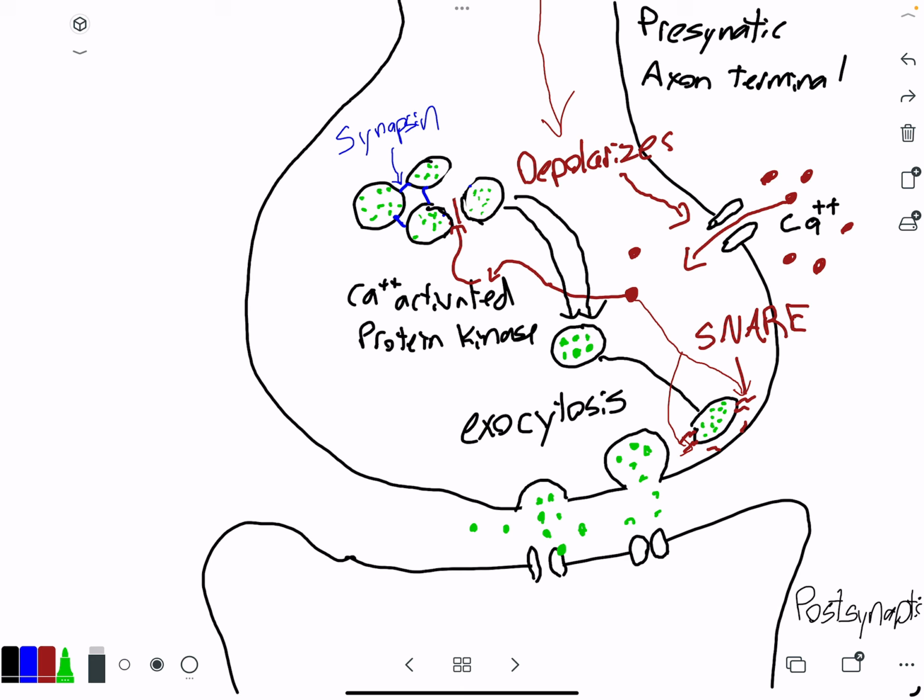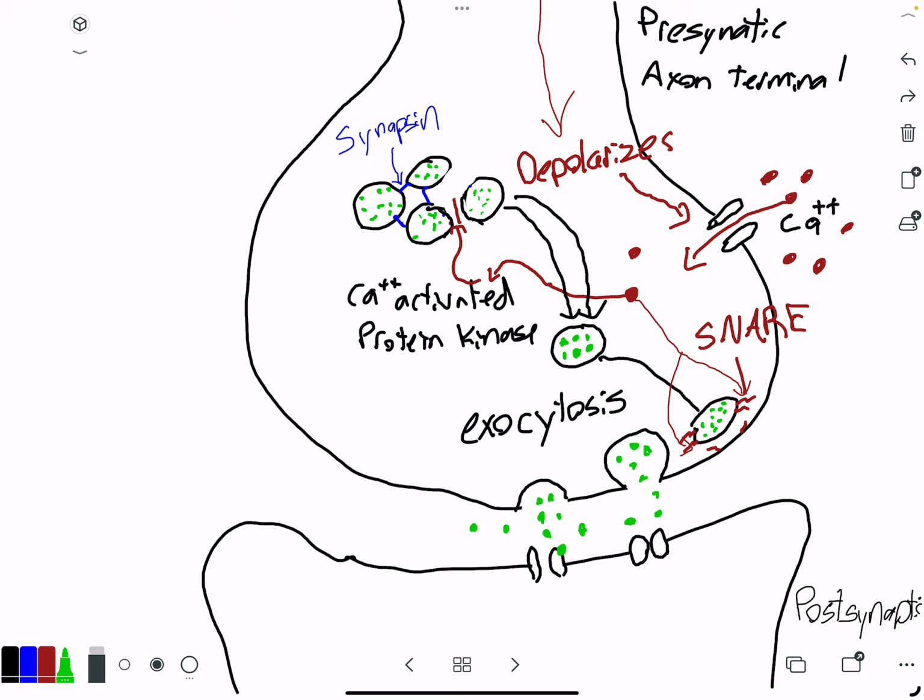As we'll learn, there are different types of neurotransmitter receptors, but in this example, to keep it simple, these are going to be neurotransmitter-activated ion channels.